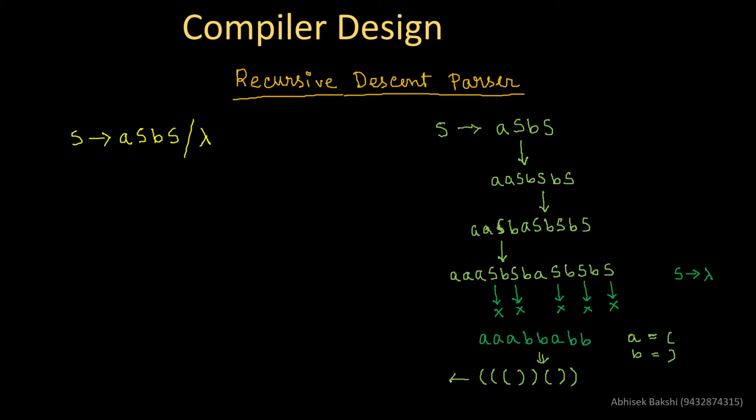This is what I can say is balanced parentheses, right? That means the grammar that we have used here is basically used for generating strings of a type where I'll have balanced parentheses.